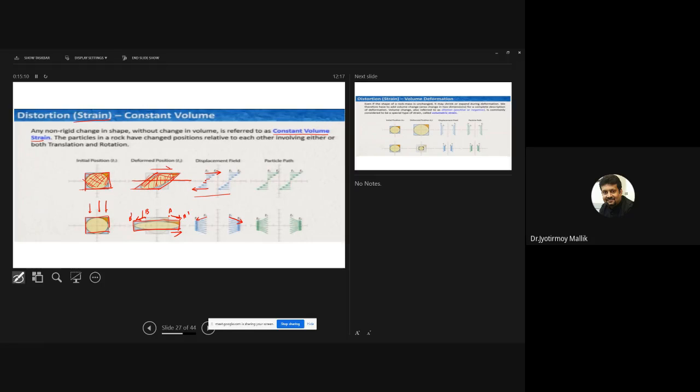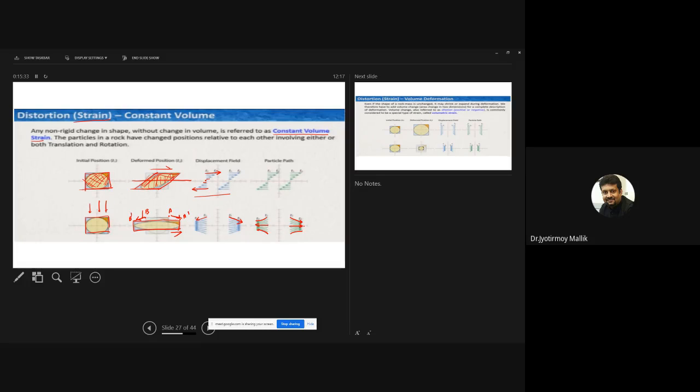Okay. But the particle path, of course, is hyperbolic. The particle path will not be a straight line, they are hyperbolic. Okay. And this is how they look. I hope you can appreciate how this deformation is going on.